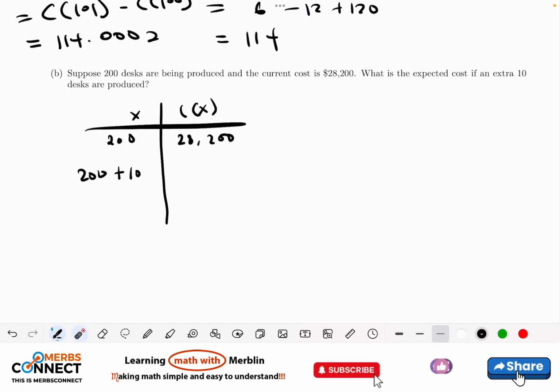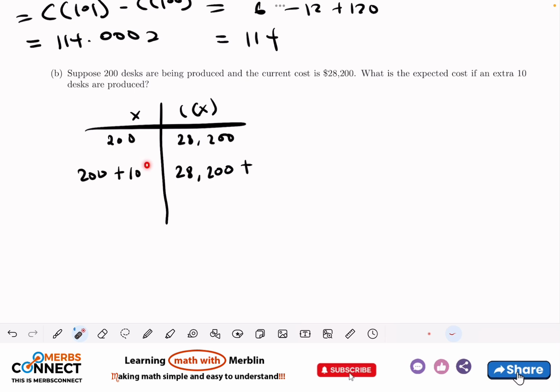So we want to add 10 to what's here, because that is the extra decks that we want to make. So when I add it to this one, I'm going to have 210, right? But remember, the cost for this one is 28,200, right?